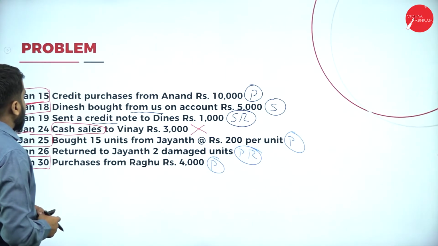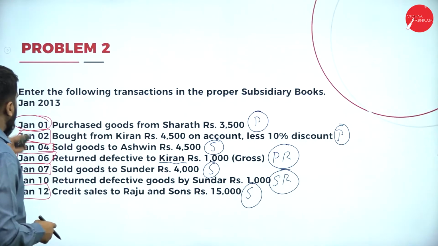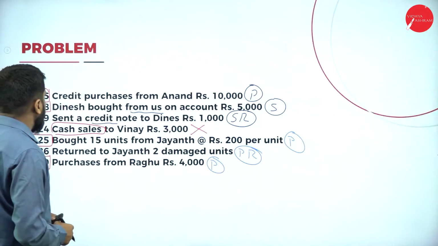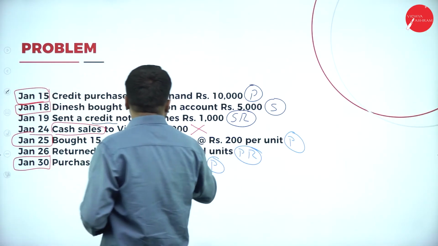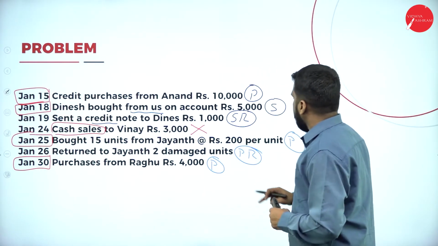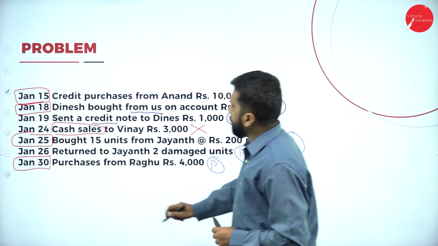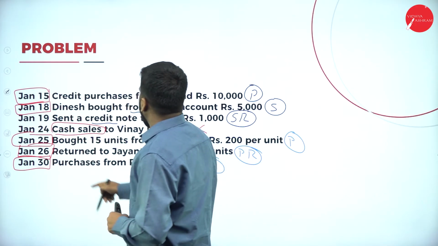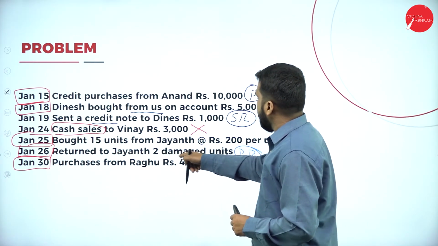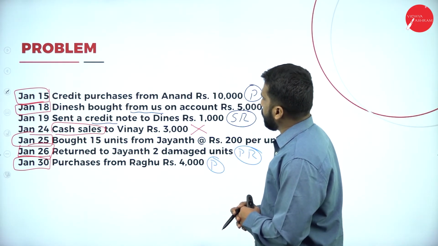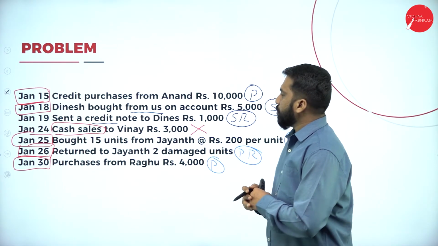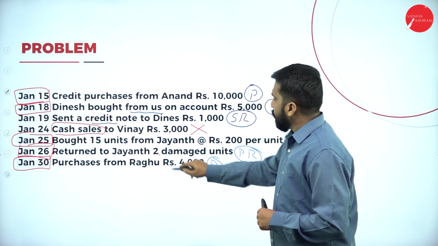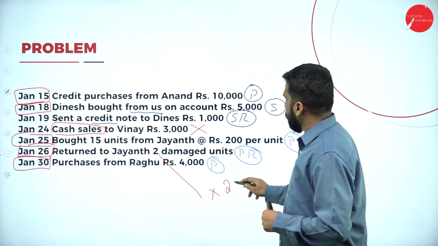Now, after that, in the first sheet, we don't have anything about purchase return. I'll go to next. In the next, do we have anything? It is sales return and we have purchase return. So we have purchase return of Giant, 2 damaged units. Now, we don't know what is the value. What is the value? 200 each. 2 multiplied with 200.